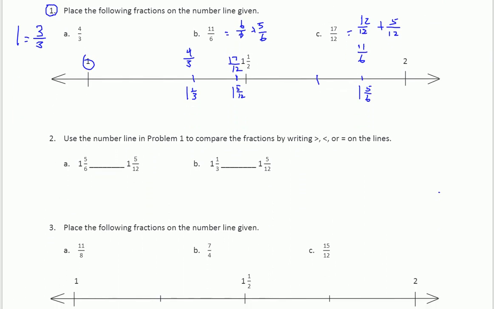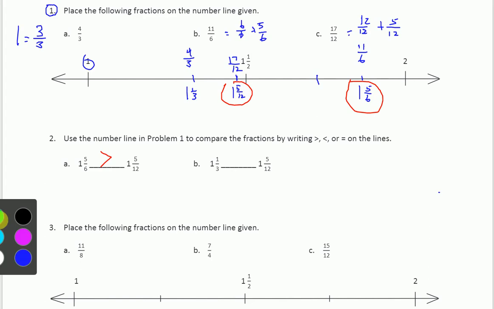Number 2 says that we are now comparing 1 and 5/6 to 1 and 5/12. If I use another color here and show you that 1 and 5/6 is here, and 1 and 5/12 is here, well, 1 and 5/6 is greater than 1 and 5/12.